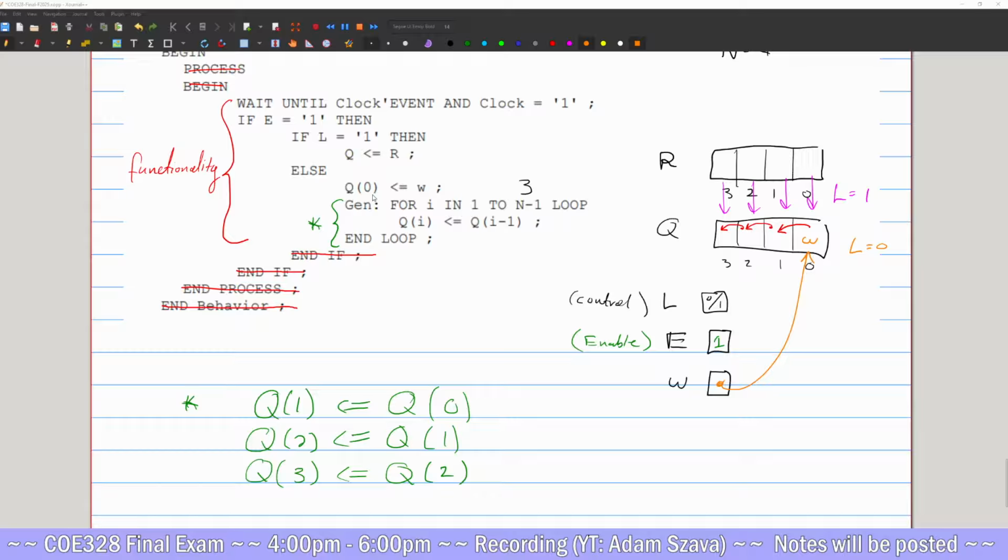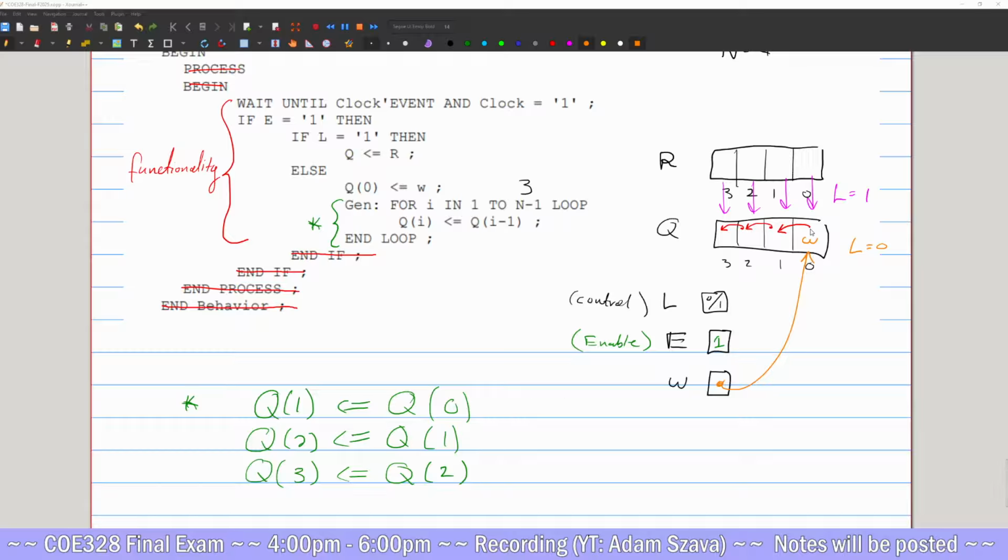You could put this Q0 is W at the very end, and everything would be the same. It's because these assignments don't happen in sequence. These assignments happen at the same moment. So that's important. The assignments don't happen in sequence. The assignments happen at the same moment, synchronously.